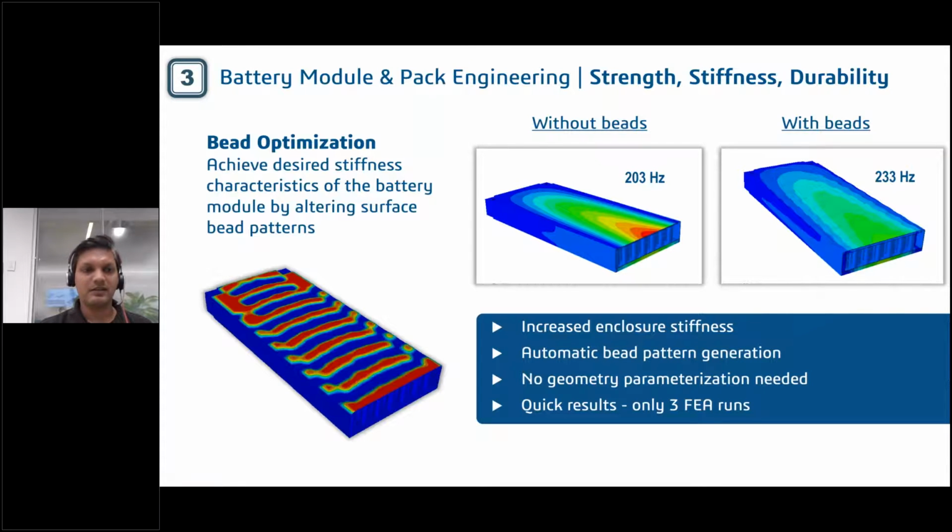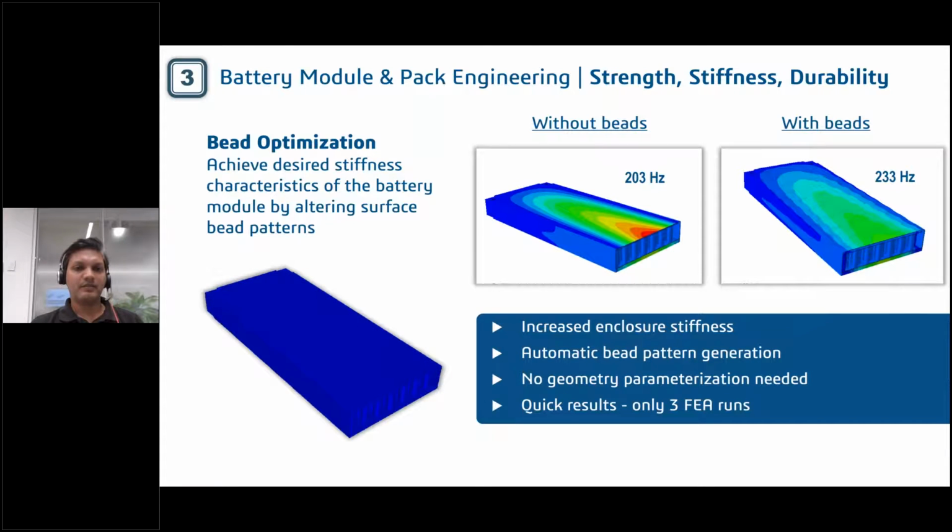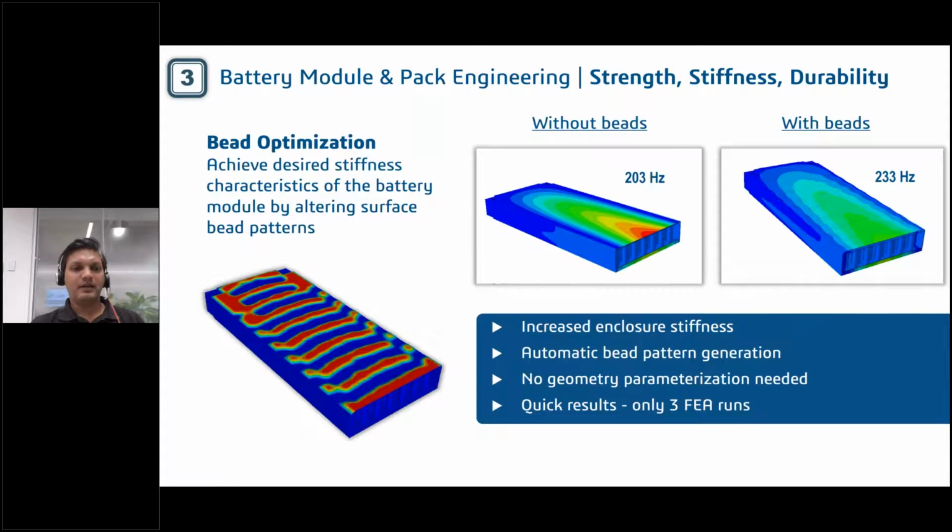Here in this case, a desired stiffness is achieved by incorporating beads on the surface of the pack, to increase the stiffness of the enclosure, without actually changing the dimensions of the pack here.